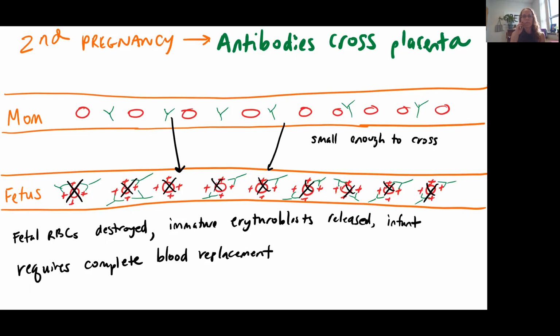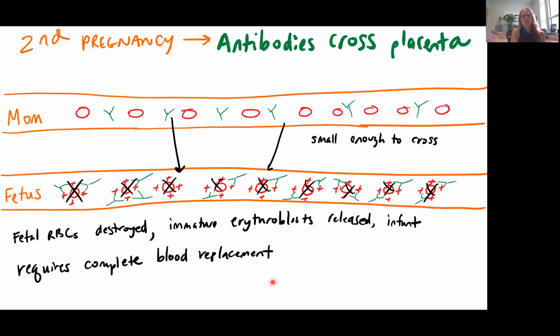So if this is occurring with the fetus, when that infant is born, that infant will require a complete blood replacement in order to survive. And if that's not possible, then this infant is not surviving. So the erythroblastosis fetalis name is because since your red blood cells are getting destroyed, you're shooting out erythroblasts into circulation instead of mature red blood cells. So that's how we're getting that particular name.